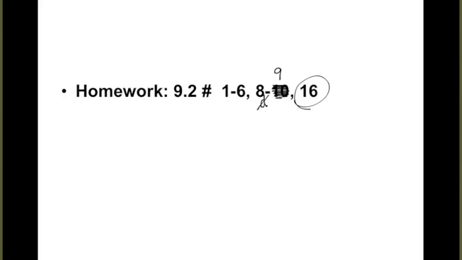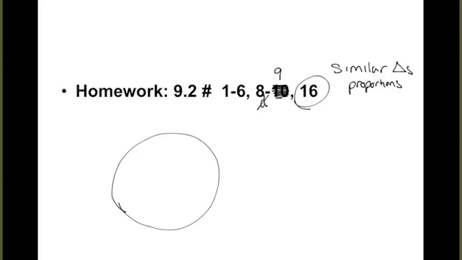Number 16, a hint for you is you're going to need to look for some similar triangles and set up proportions or fractions for their sides. And in lots of these, remember our big idea theorem today is that a tangent and a radius are perpendicular.